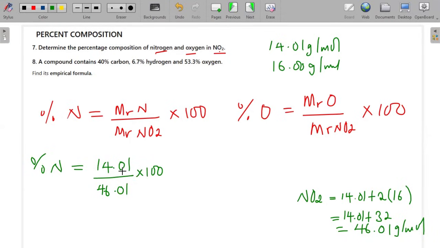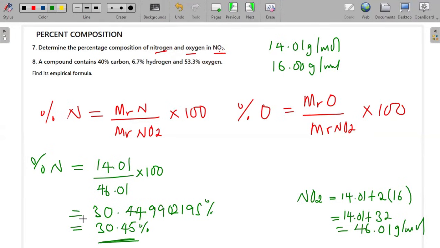When I do that, I get 30.449902195%. I can round it off to 2 decimal places, so it will be 30.45%. That's the percentage composition of the nitrogen.